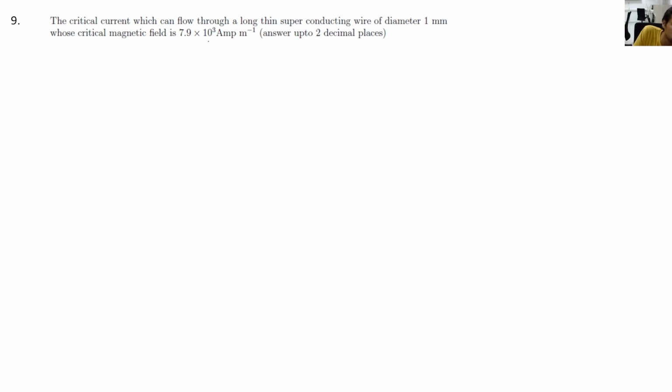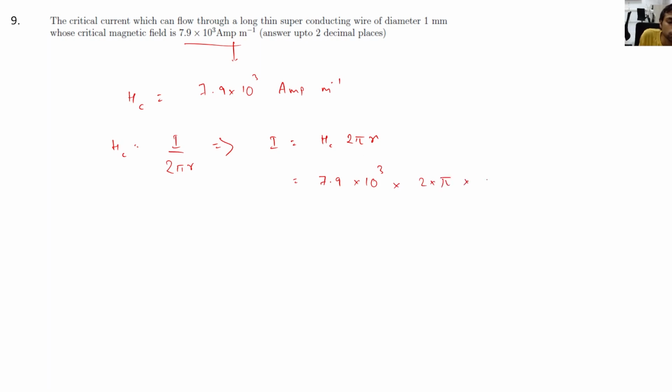so here we have to look at the unit. So this is that of the magnetizing field, 7.9 into 10 to the power 3 per meter, and this Hc is equal to I over 2 pi R. So the current will be equal to Hc into 2 pi R, and it is 7.9 into 10 to the power 3 into 2 into pi into R, which is 0.5 into 10 to the power minus 3 meters.